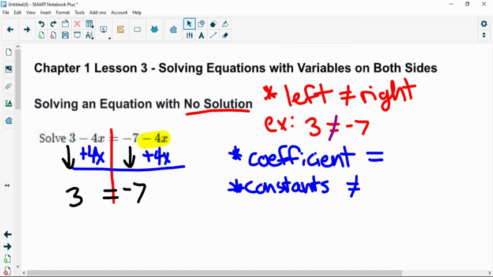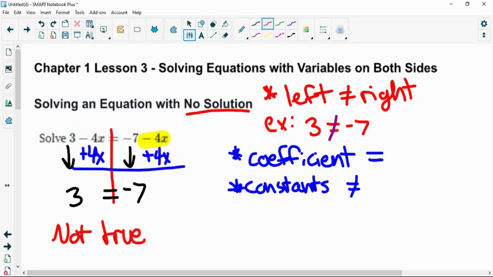I stated earlier, though, that 3 and -7 are not equal. So this is not true. Therefore, this equation has no solution.